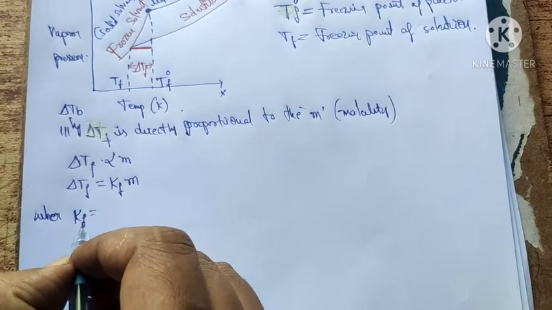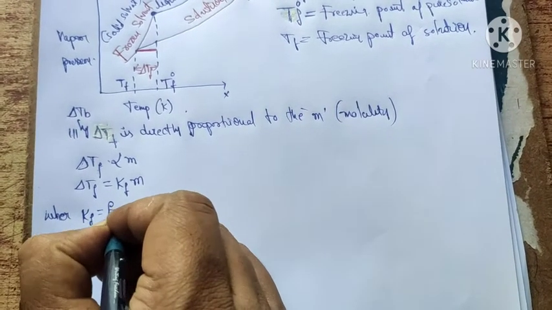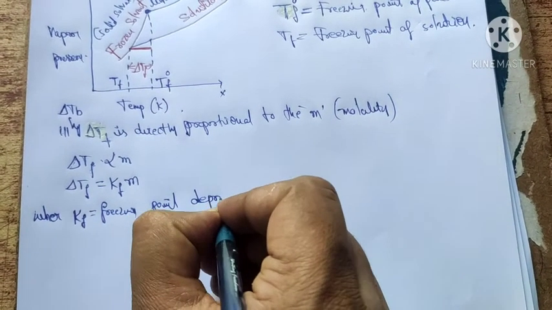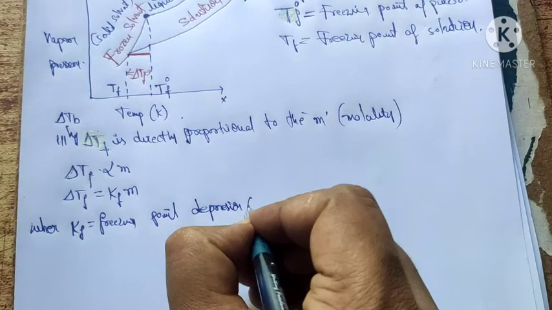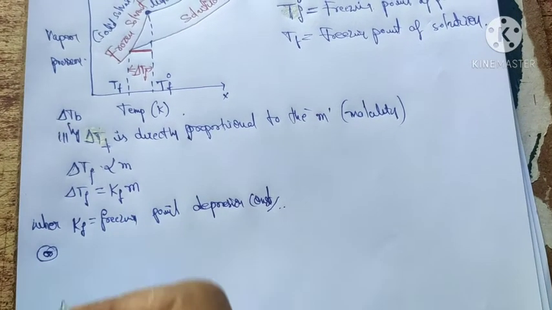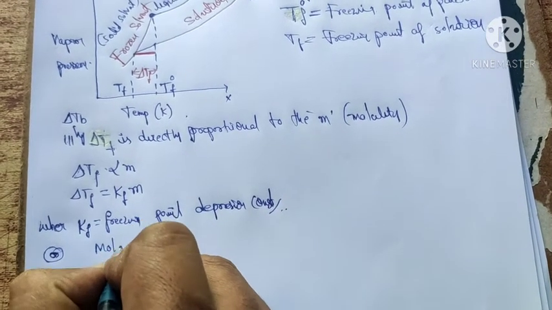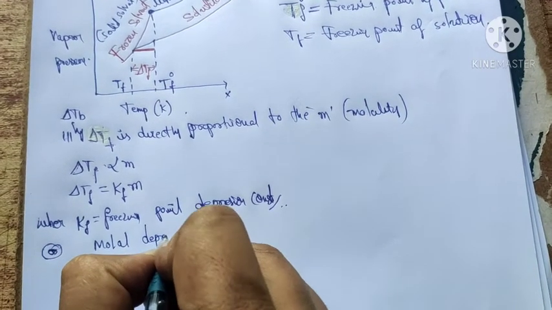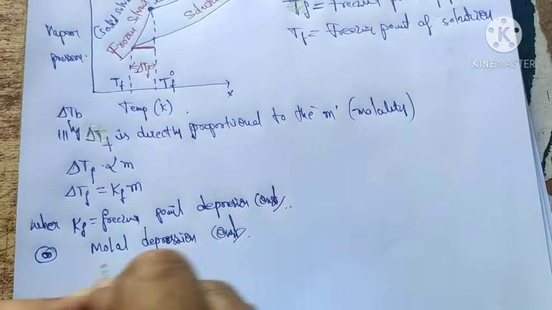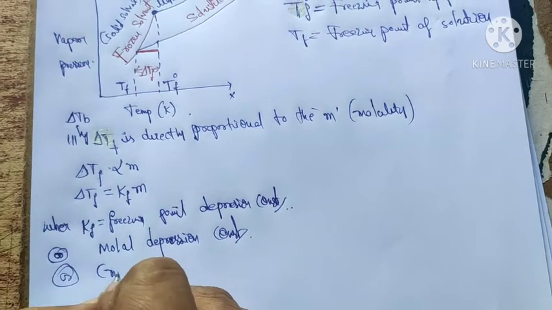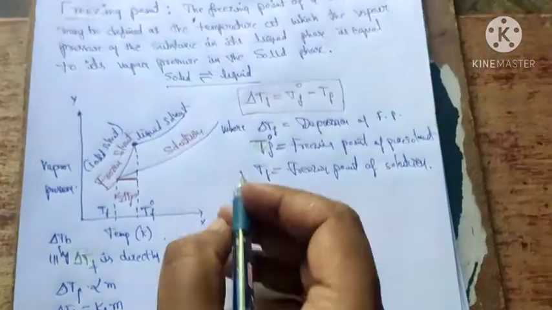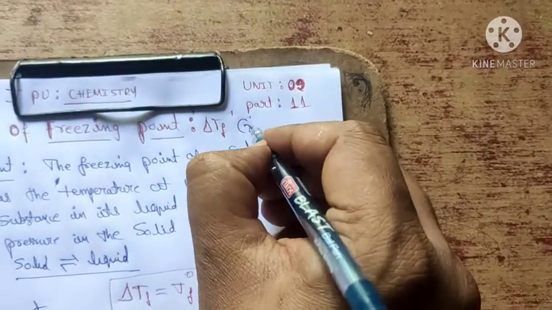In this case, KF is the freezing point depression constant, or we call it by another name, molal depression constant, or another one is cryoscopic constant. This term we also call cryoscopy.